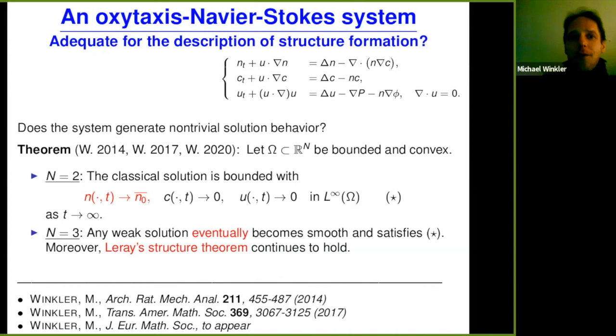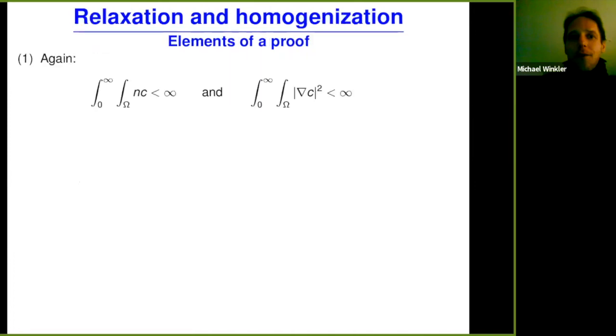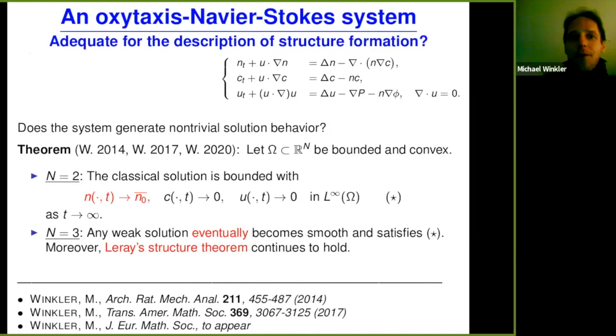You have to work a little, and let me just try to describe it in 2 slides here. Of course, it's a disappointing result, but let me describe why this must be the case. Why does the solution behavior need to be this trivial?